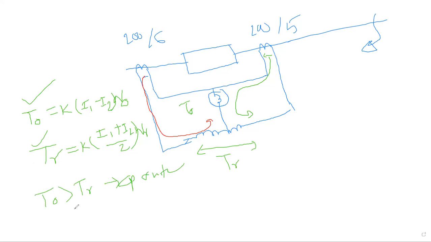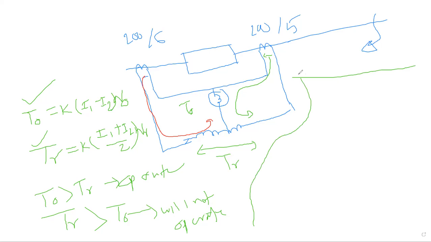And if TR, the restraining torque, is greater than T naught, then the relay will not operate. Okay. Have you got this point? Understood or not? Any questions? Yes, sir. Okay.